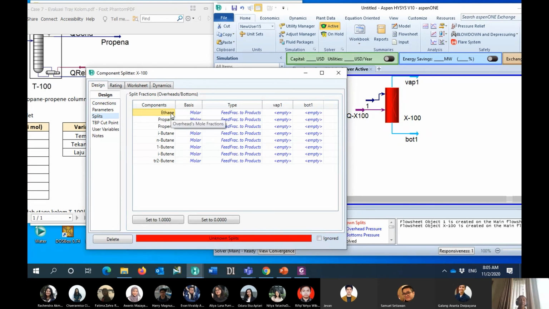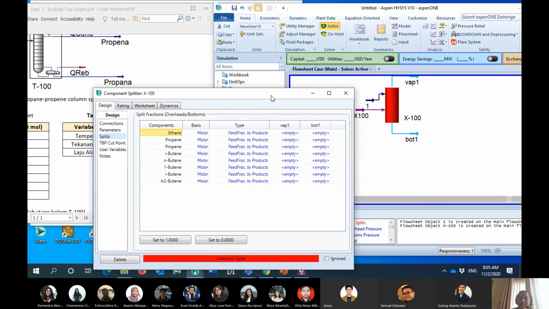From these components, the ethane is the lightest component, so it will go to vapor 1 as the top product. All of the ethane will go to the top product, so I will put the value of 1. And then how about the propane?